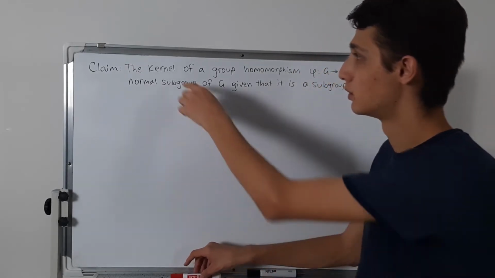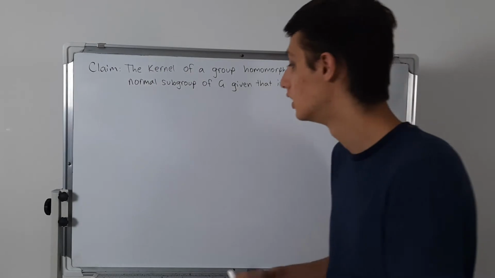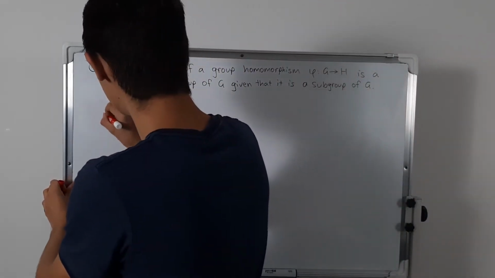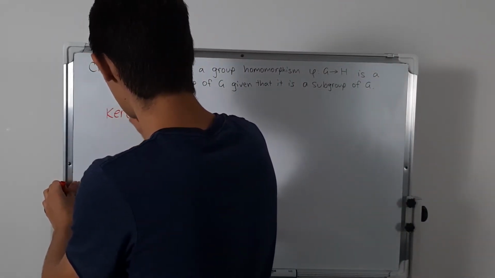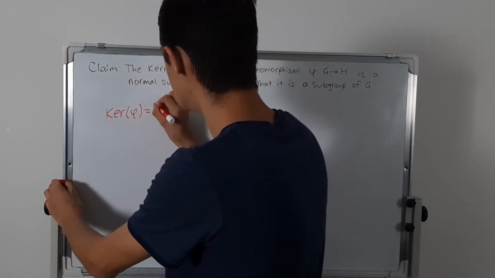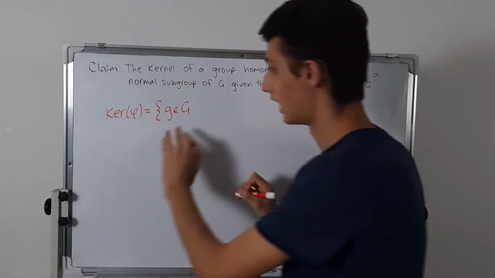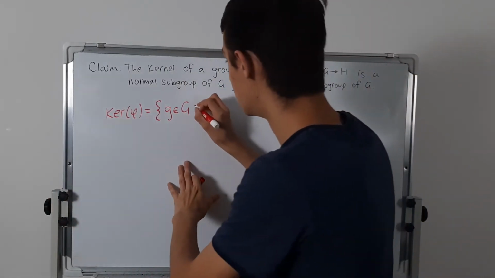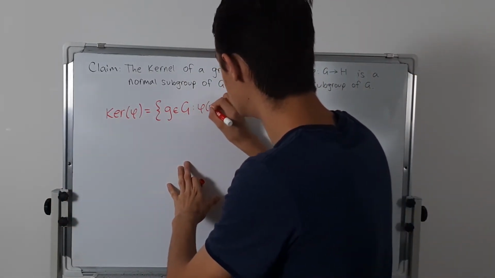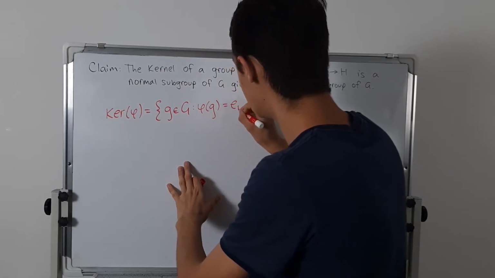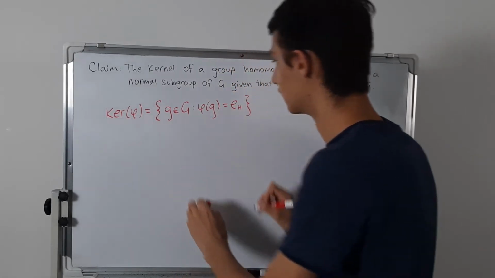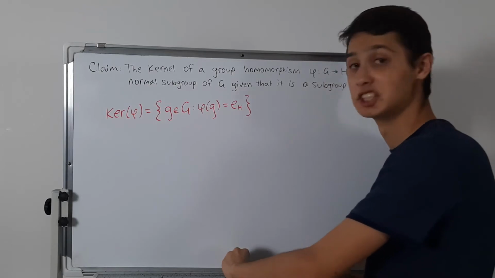So first let's review our definition of what a kernel is. The kernel of a homomorphism phi is the set of all elements g in our domain, big G, such that phi of g is the identity in the codomain, H in our case.